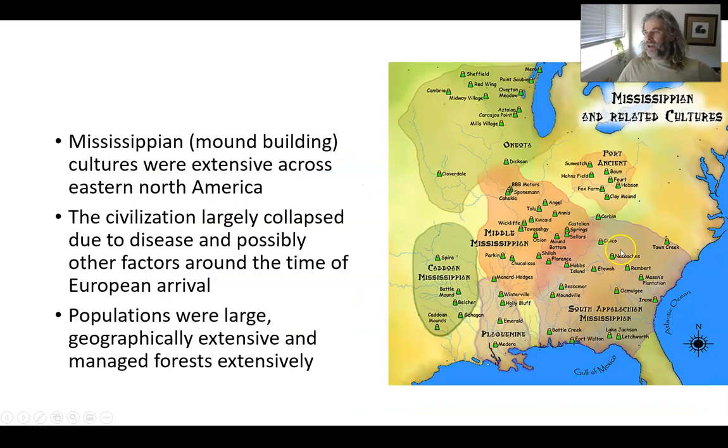So, this is just a map from Wikipedia about the Mississippian cultures, and I just want to make the point, and the paper that we read for this week makes it very well. There were many people living in North America, and even what's sometimes called a proto-civilization of Mississippian cultures.